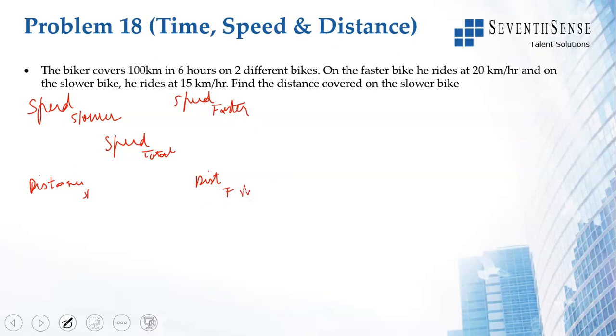So what is speed slower? Speed slower is 15. Speed faster is 20. Speed total, what is speed total? Have they given? Yes, they have.